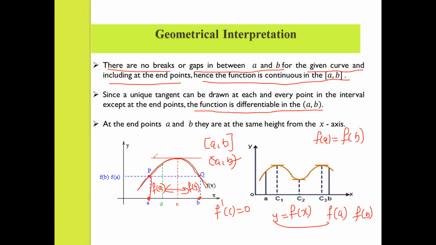If I draw a tangent for this curve, what exactly does this indicate? It is a line parallel to x-axis. How to denote the tangent? It is dy by dx, that is the derivative at the point C, f dash of C equal to 0. This is how to represent Rolle's theorem geometrically.